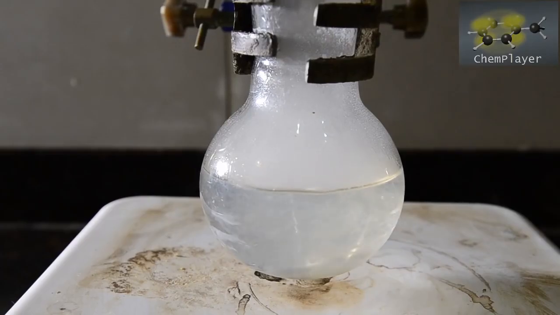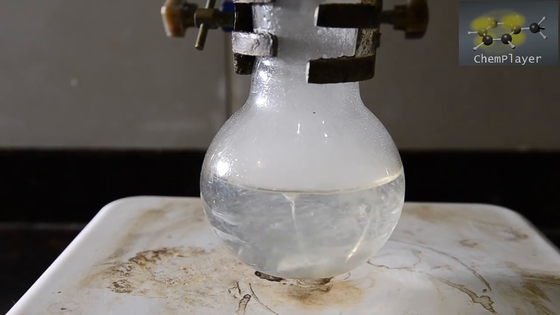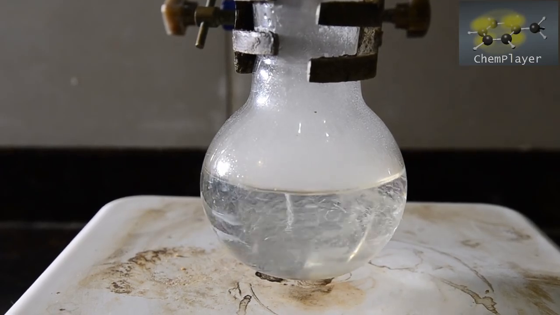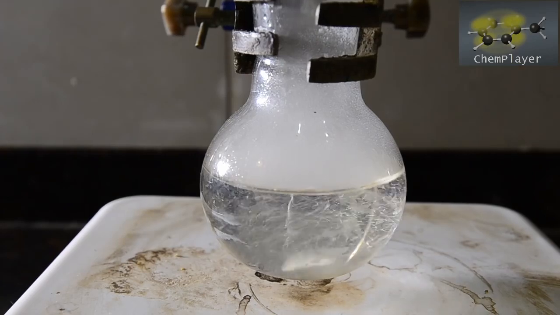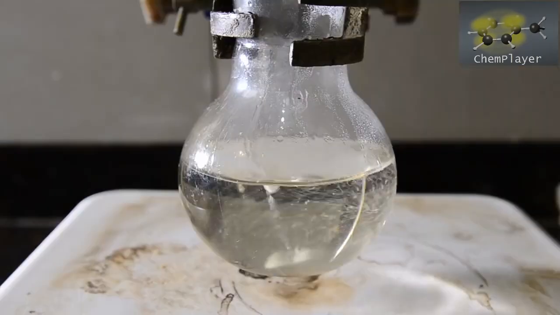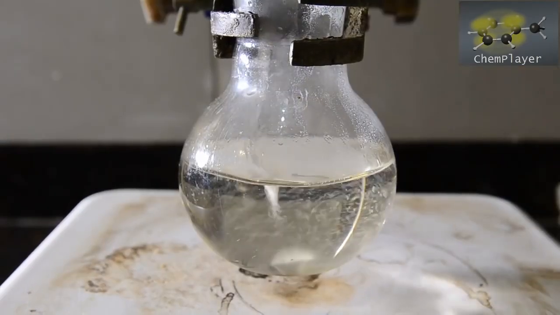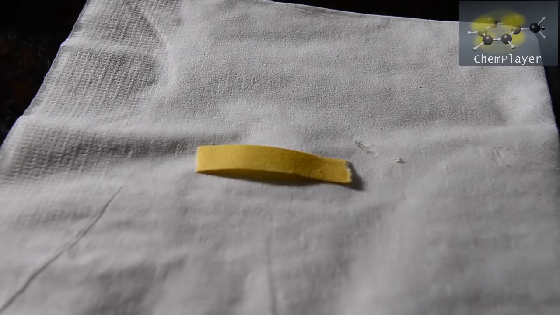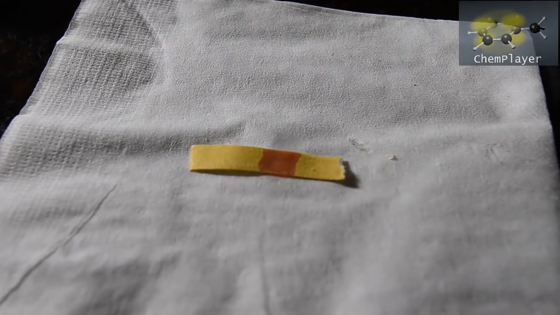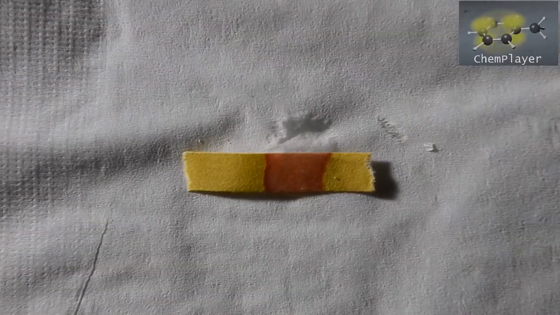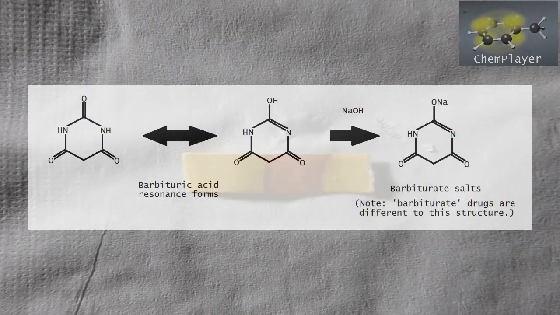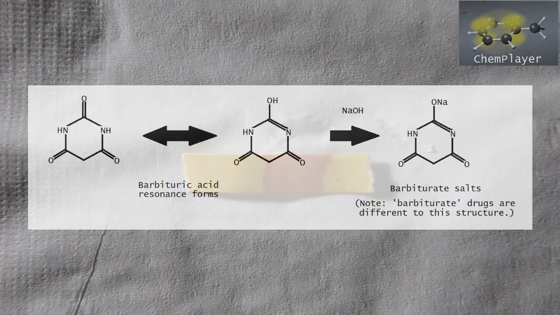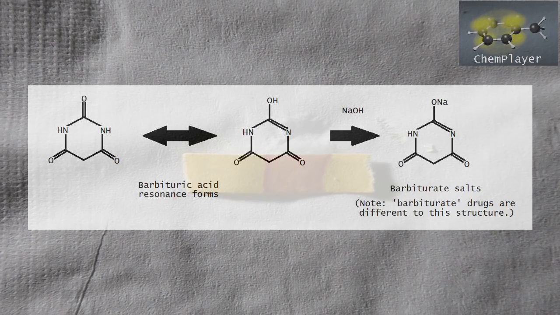And soon the precipitate disappears, forming a clear solution. Now the mixture is strongly acidic, so we're finished with acidification. Our product should now be present in the solution as free barbituric acid.